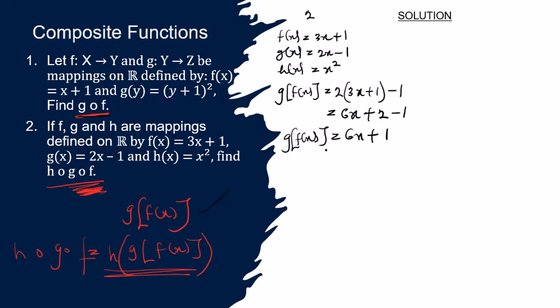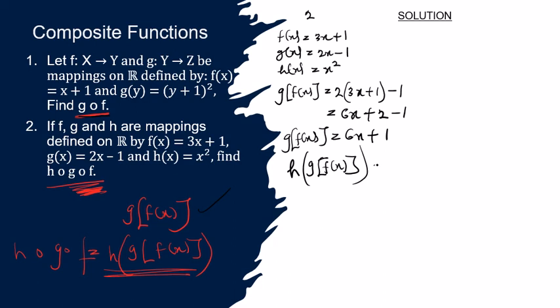Good, which is this, isn't it? Now, the next thing is to find h of g of f. So now I'm going to put this inside h. Remember that h of x is x squared, which is this, right? So I'll now do h of g of f of x.